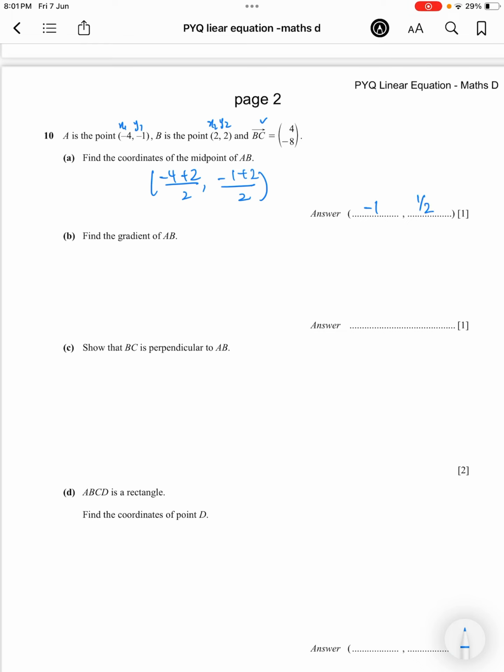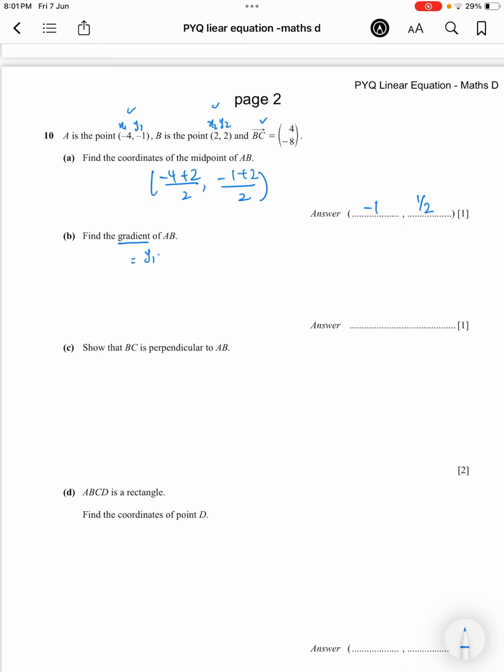It's okay, John. Okay, next, gradient. So gradient, rise over run. Can we use rise over run? Because there's no diagram, no. That means we have to use the formula. So we use the existing labels x1, y1, x2, y2 and put them into the formula.